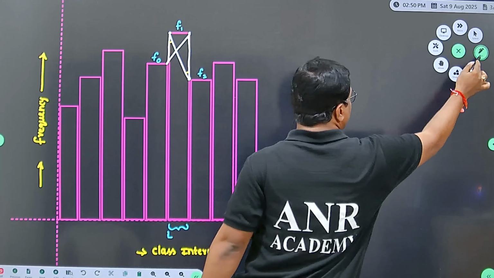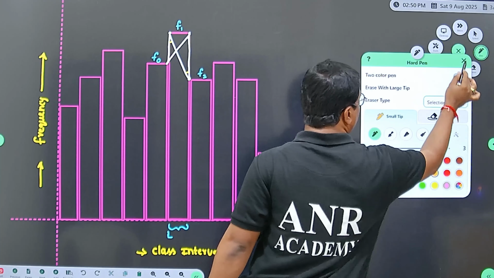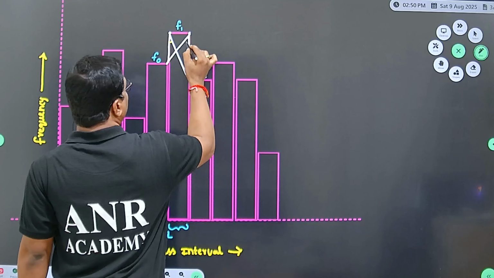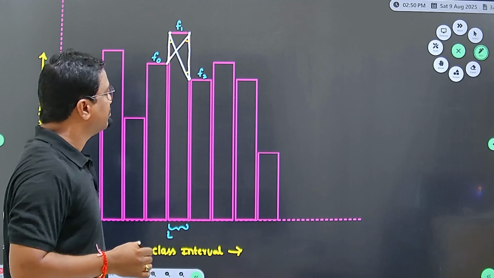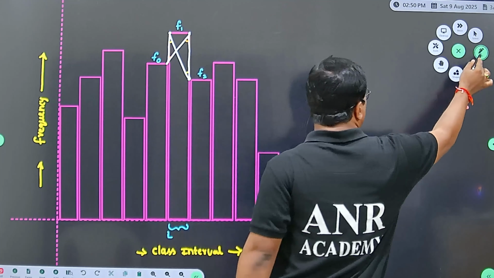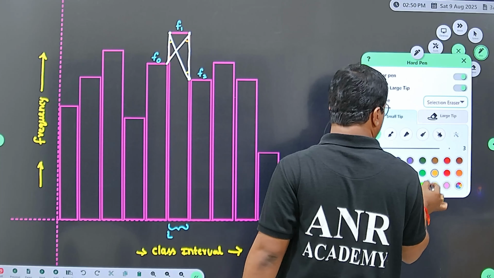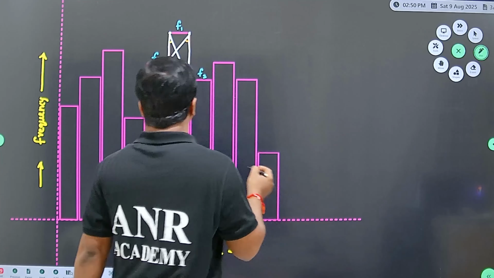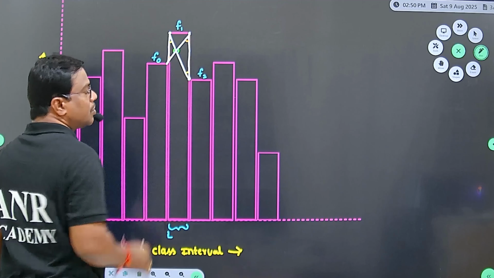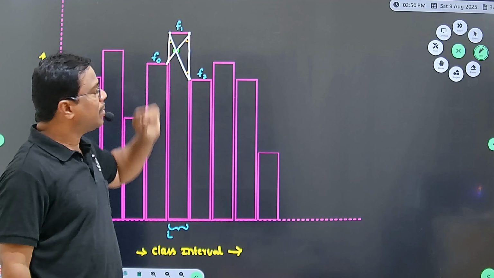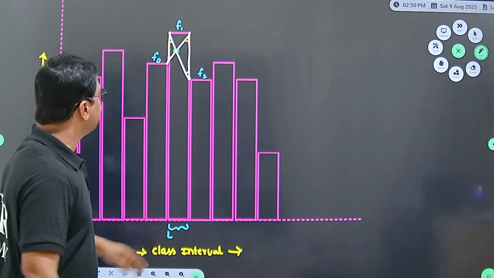Next, here also these two are alternate, and you have vertically opposite angles also there. These two are vertically opposite. So now these two triangles are similar triangles.